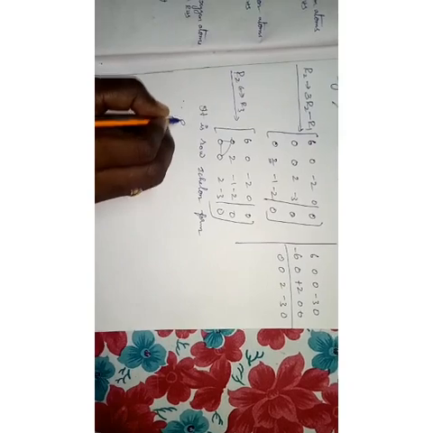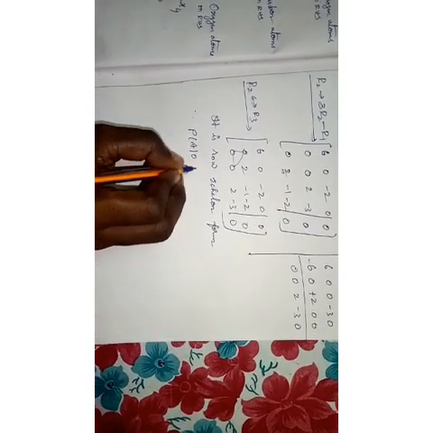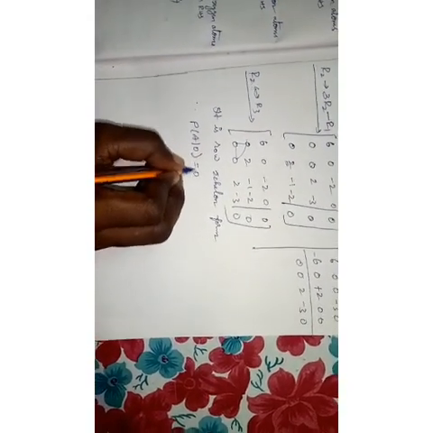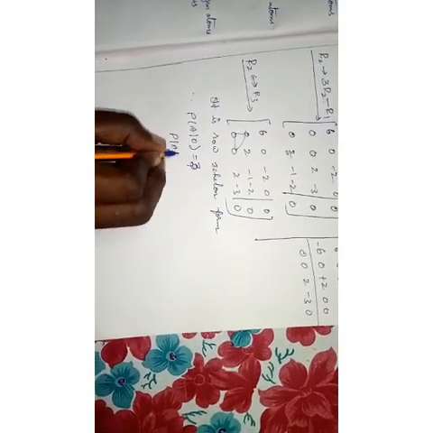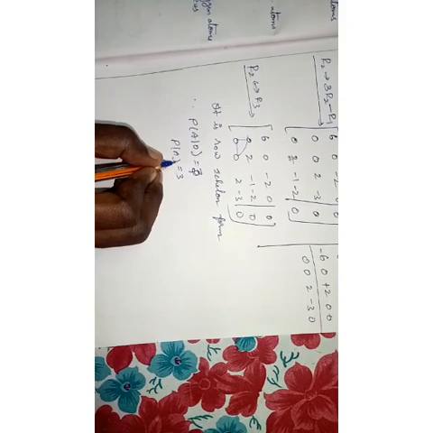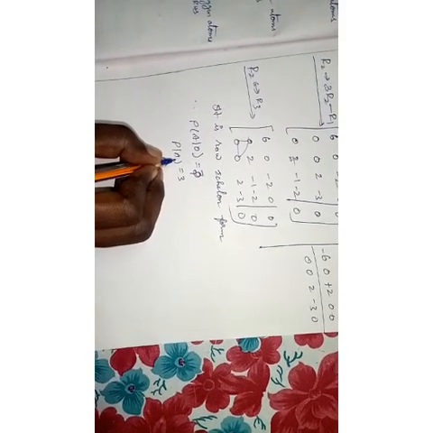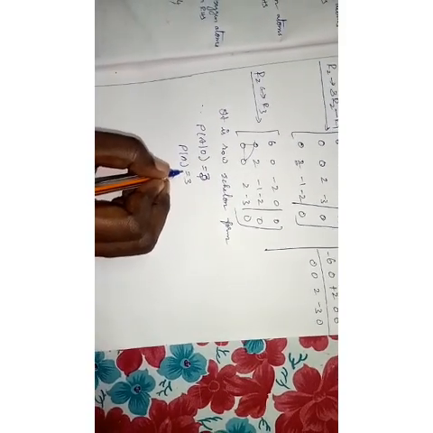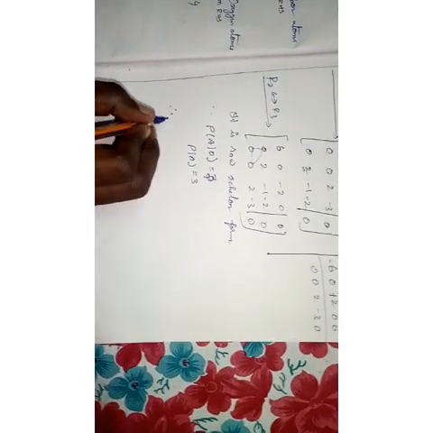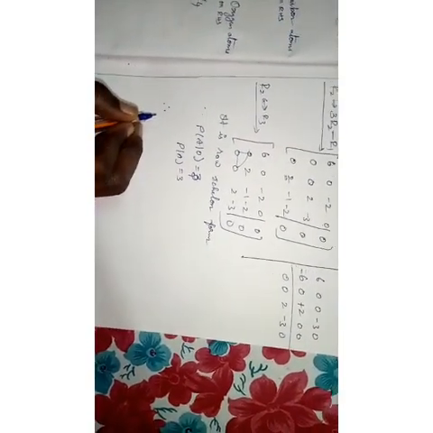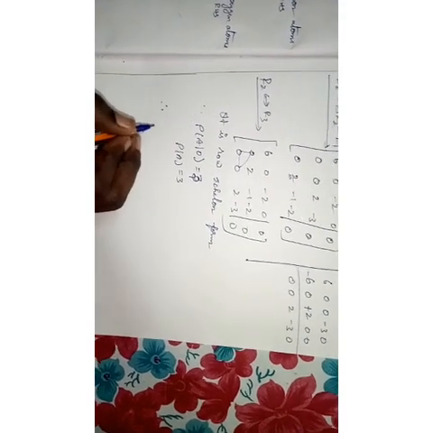Then write the equation: rank of A comma B is rank of A bar O equal to 0. Sorry, rank is 3. Rank of A equal to 3. So the given system is consistent and has a unique solution. Correct? Therefore, unique does not come, no? Infinitely many solutions you must write.